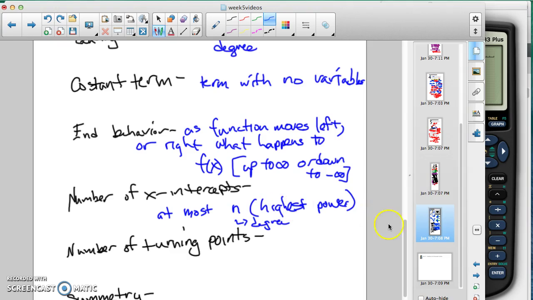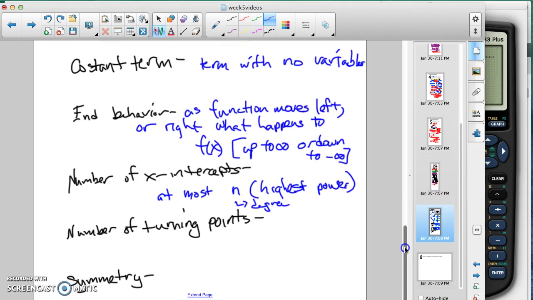We're going to have less, but we have at most 5. And the number of turning points is at most n minus 1, 1 less than the degree. And we can't tell that until we've graphed it, how many turning points it actually has, but we can say at most we have, if the degree was 5, we have at most 4.